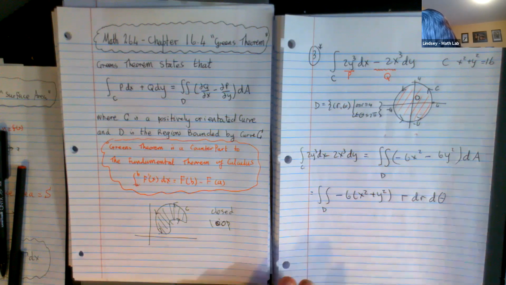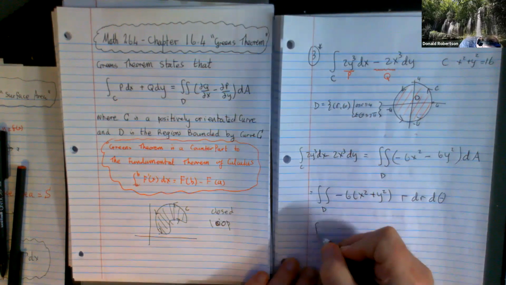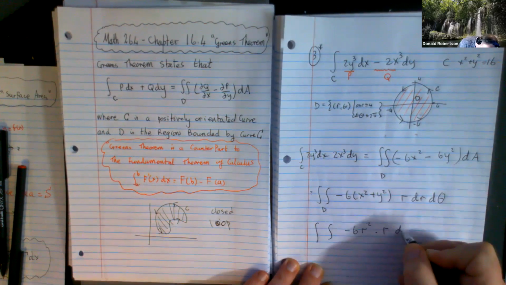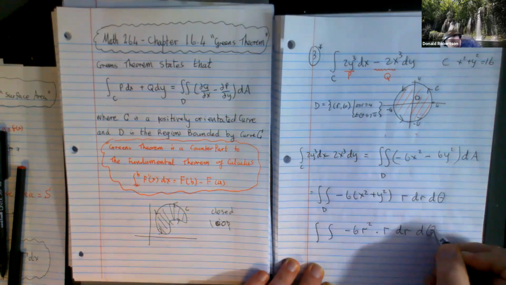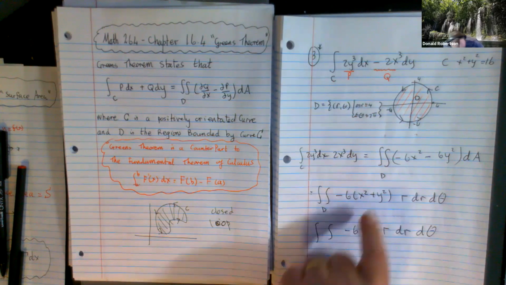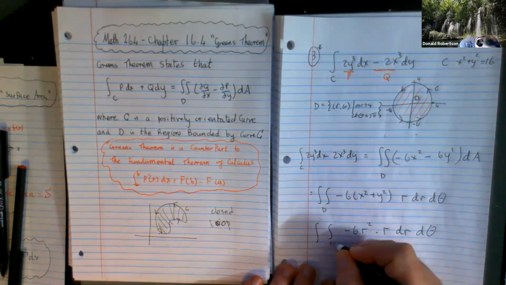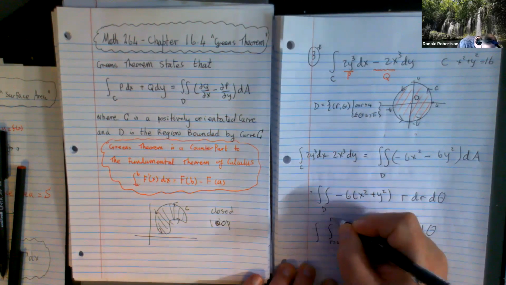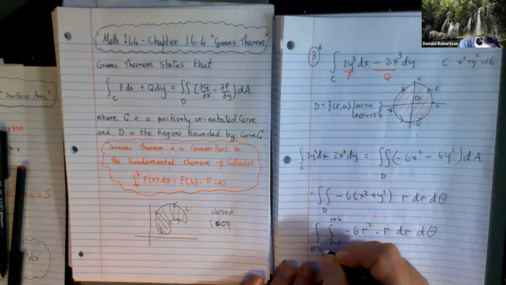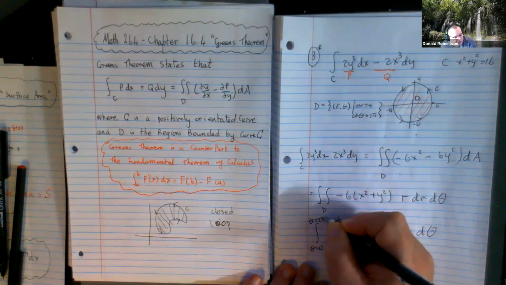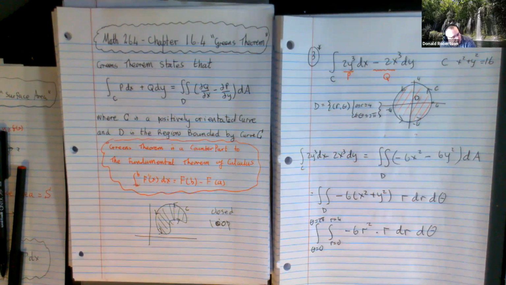So what we've got really is negative 6r squared times r dr d theta, and the range of D in polar, because it's a complete circle of radius 4, is simply just going to be r equals 0 to r equals 4, and since it's a full circle, theta between 0 and 2 pi. Do you see really what's happening here, aren't we winding back to double integrals that we did weeks ago? In particular, double integrals with polar in this question.